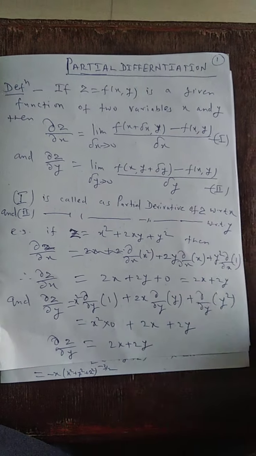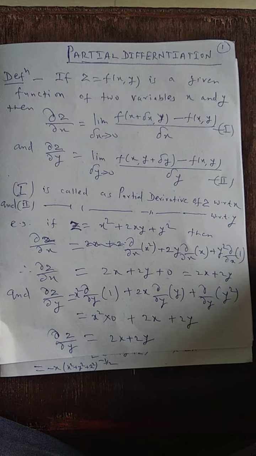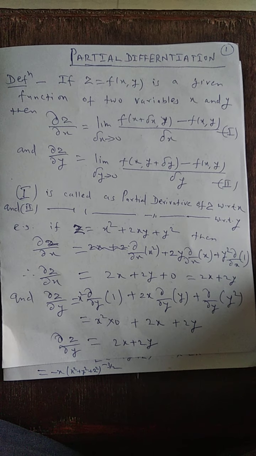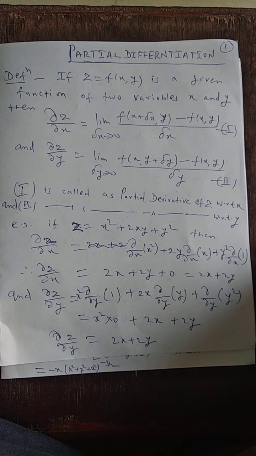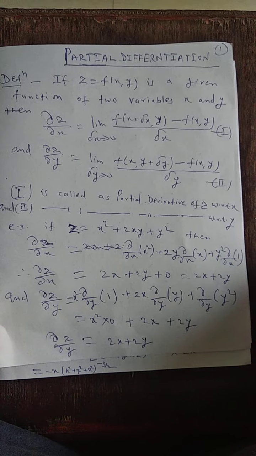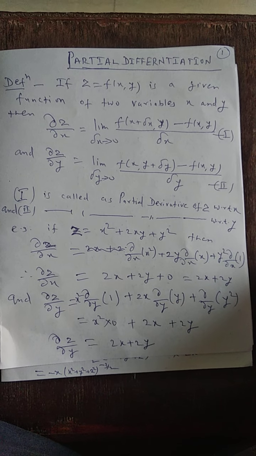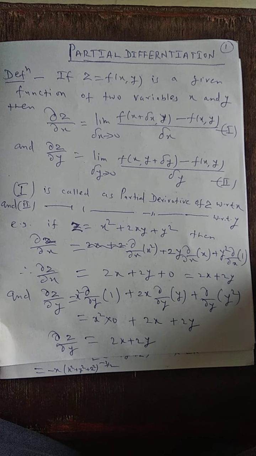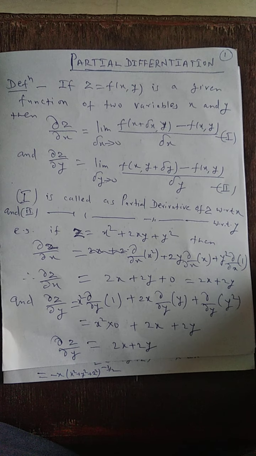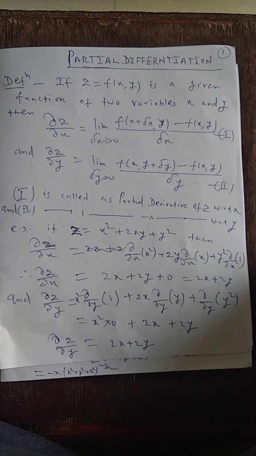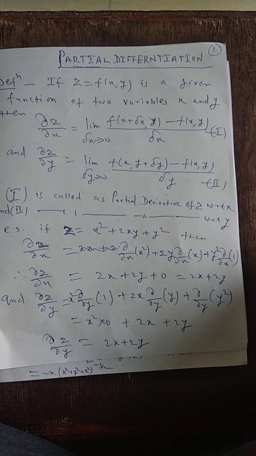So the partial differentiation means you have seen in semester 2 total differentiation, that is if y is equal to f(x), then dy by dx is the total derivative of y with respect to x.